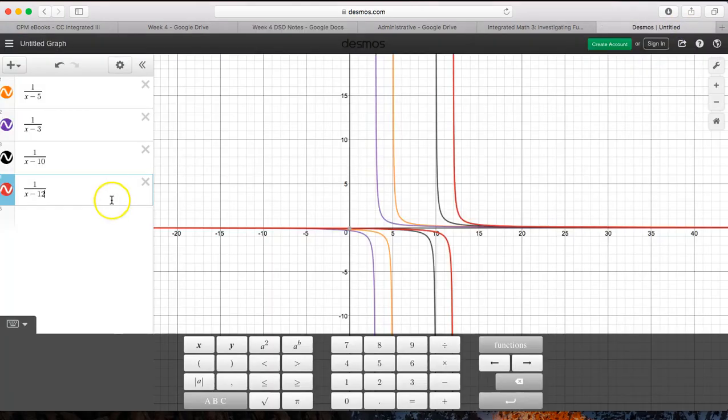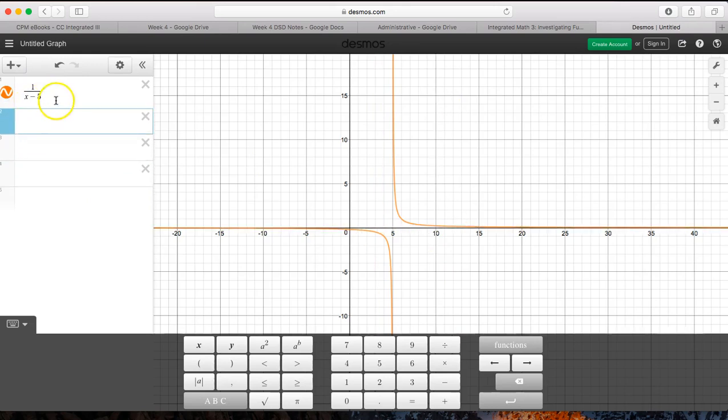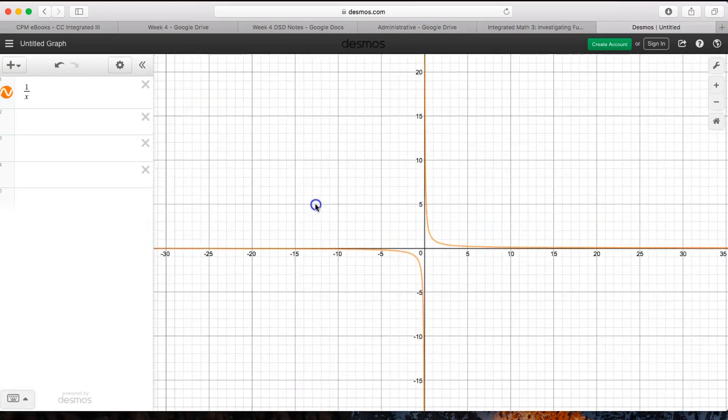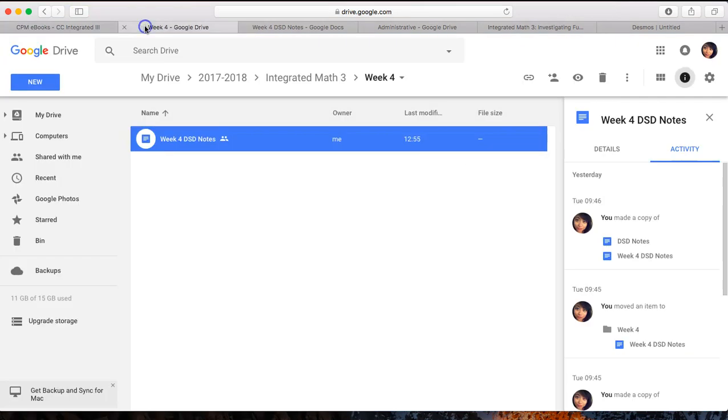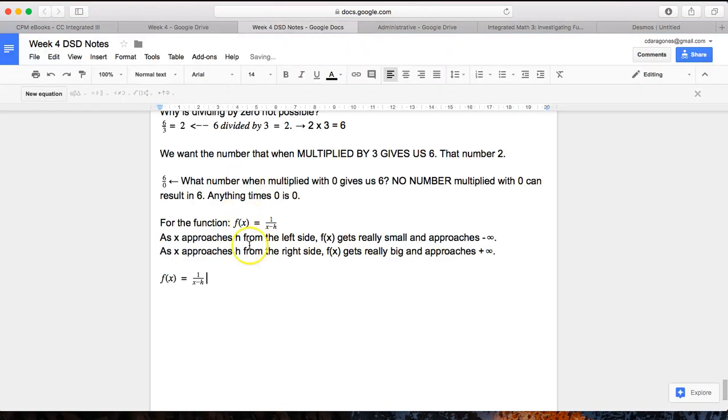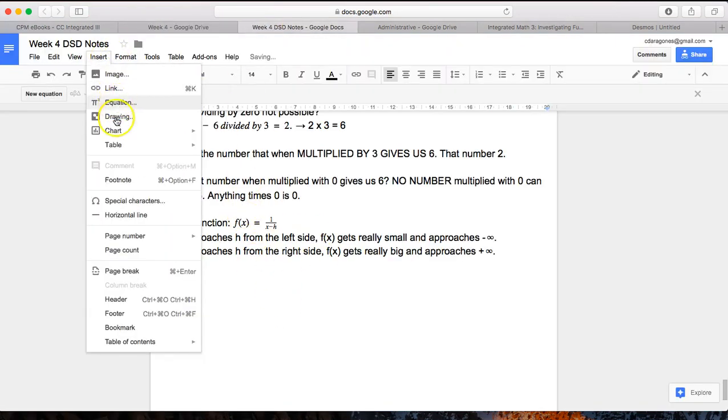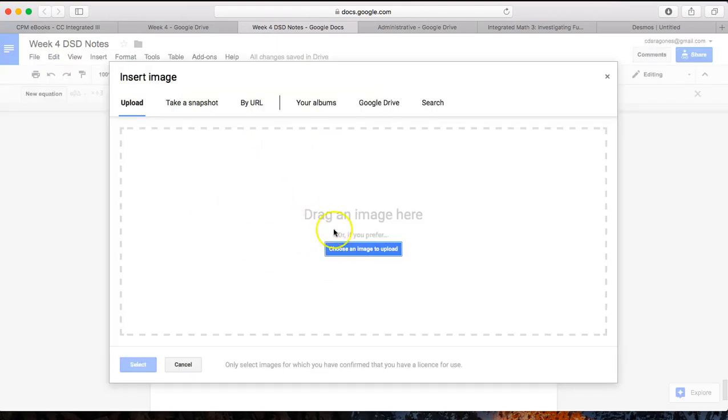So let me do a general graph for you. We're going to let h be equal to 0, so it's just 1 over x. So this general shape, you can go ahead and graph it in your notebooks. I'll let you take a moment to draw this. It doesn't have to be very big.